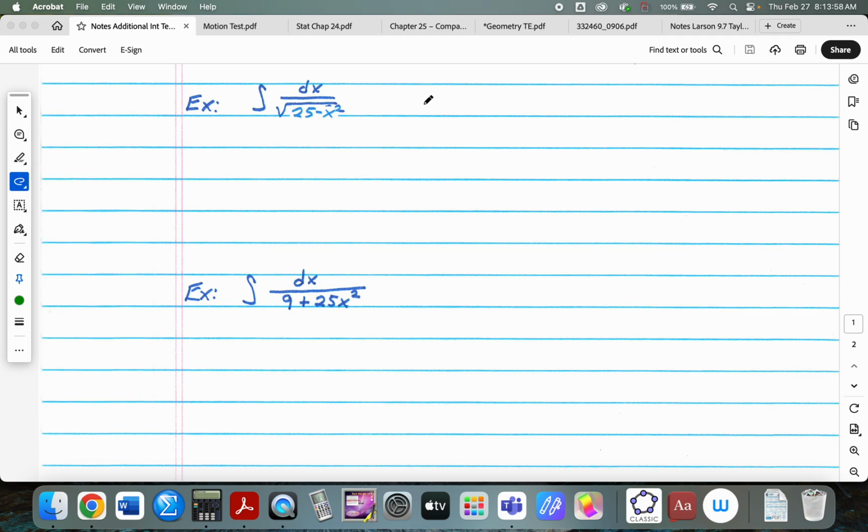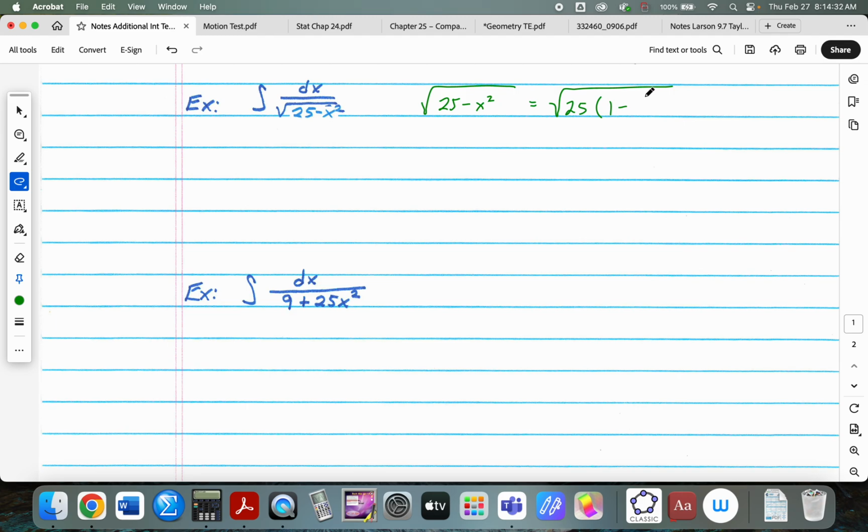So what I'm going to do is for the square root of 25 minus x squared, I'm going to rewrite that as the square root of 25 times 1 minus, and then what would this have to be if I'm factoring a 25 out of x squared? x squared over 25.